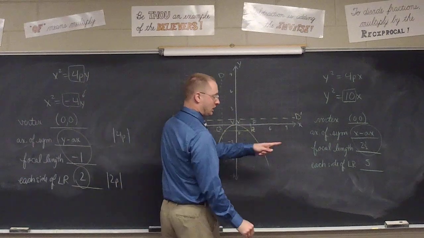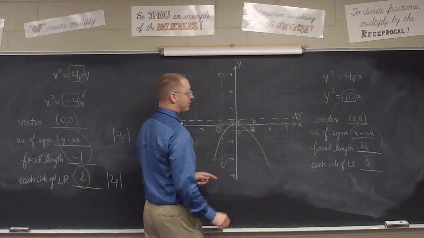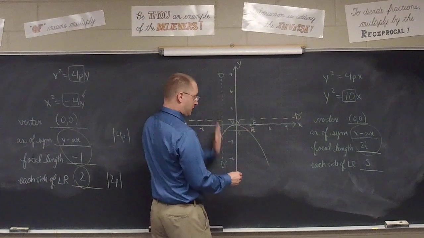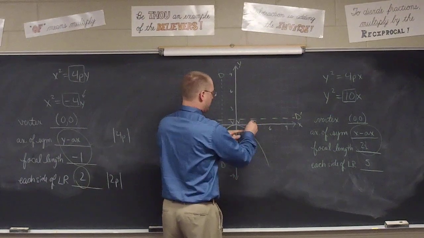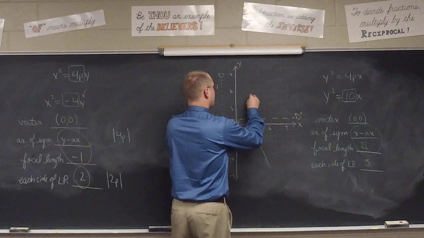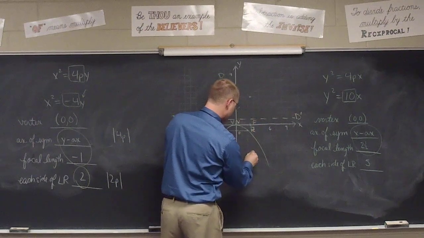And then each side of the latus rectum is going to be 5. And again, it's going to run parallel to the directrix, so perpendicular to this axis of symmetry. I'm going to go up 5, and I'm going to go down 5.